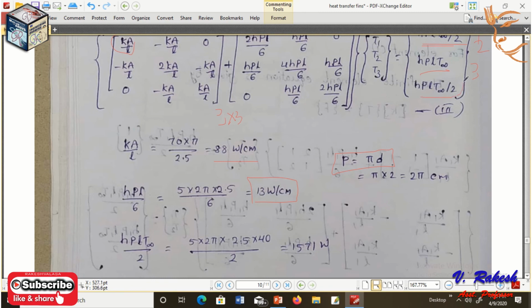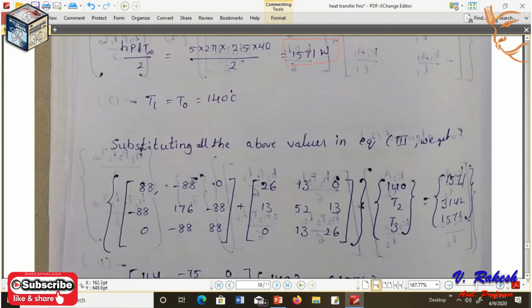HPL T infinity by 2: H equal 5 into P 2 pi into L 2.5 into T infinity 40 degrees by 2, that is 157.1 watts. Now substitute these values in equation 3.